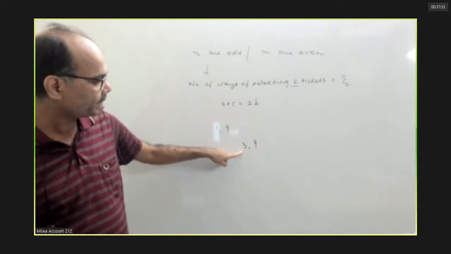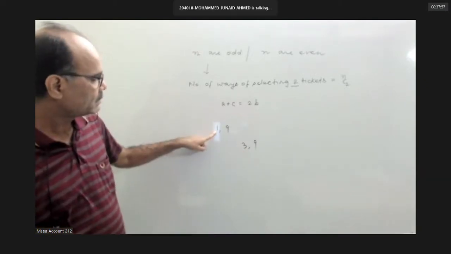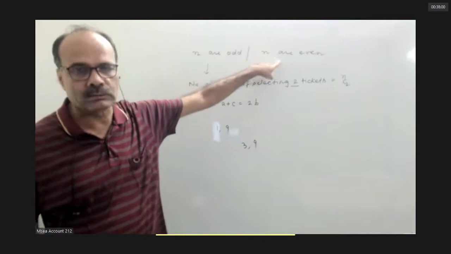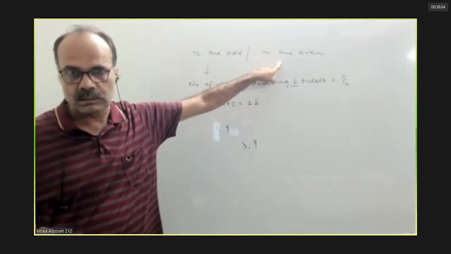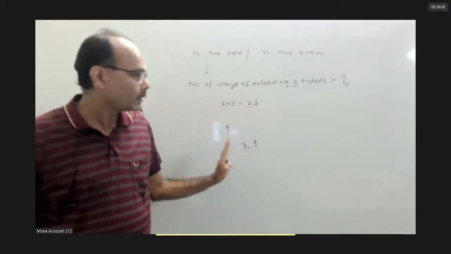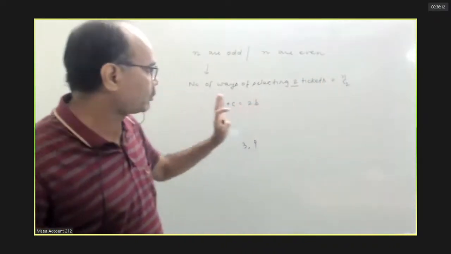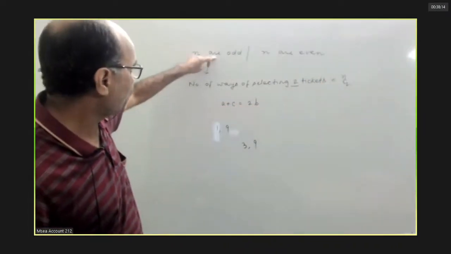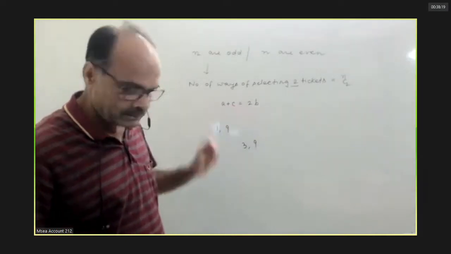What is B? 6, even. 6 is from the other group. That becomes fixed, and B can be from this group or this group, immaterial. So I am selecting only 2 numbers from this odd group, because once I select A and C, B becomes fixed.